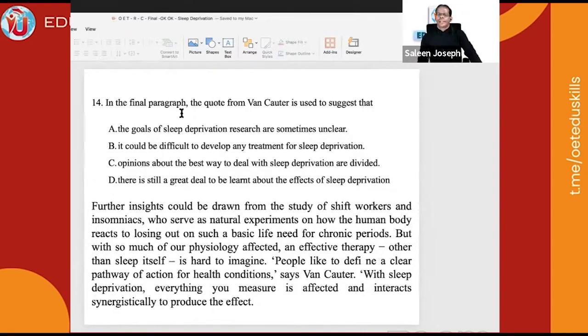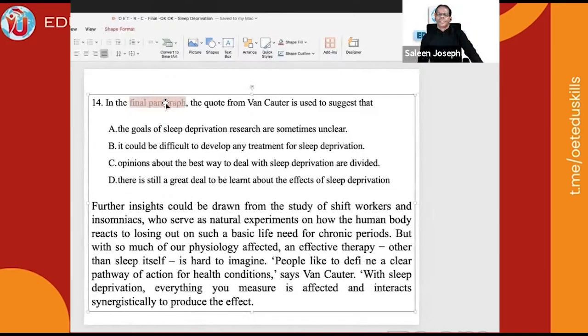Yes. Now the thing is, in the final paragraph, for beginners, you should highlight the paragraph. And from Van Cotter's, the quote from Van Cotter. Suggestion. If you remember modal verbs, suggestion, what modal verb will be used for suggestion? May.